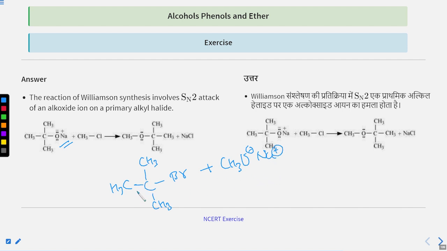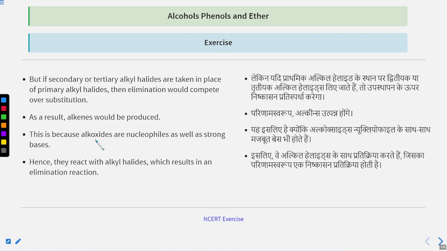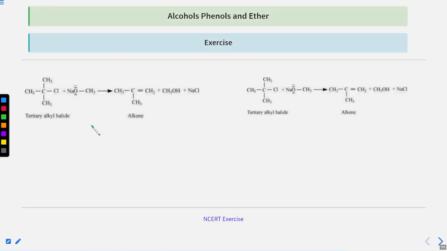Now since it is already a tertiary carbon, this negative charge will abstract a proton from here and Br will leave and an alkene bond will be formed. So for that reason, we take this one as the alkoxide ion and not this one. Clear? See, a double bond is formed.